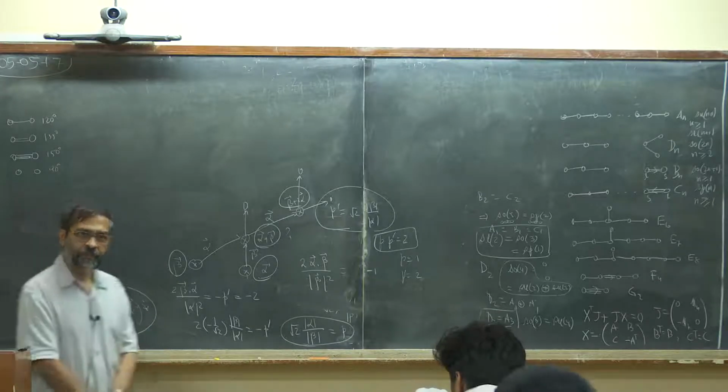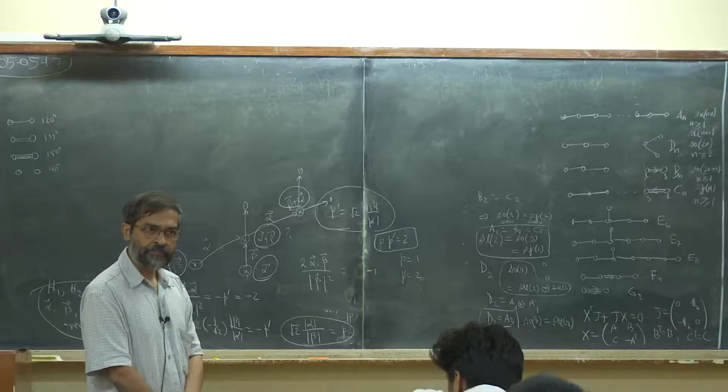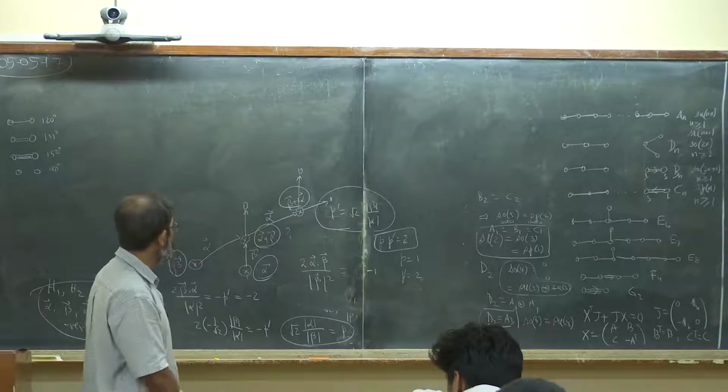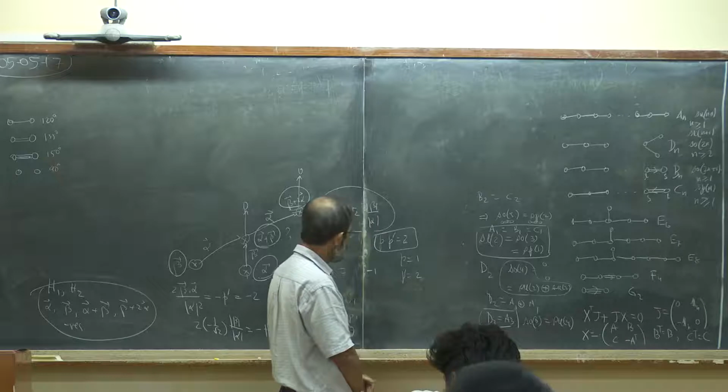Sorry, I'm asking in general, if you have many possible solutions to that kind of equation, will it always have the same number of roots? Let's say PP prime is 4.